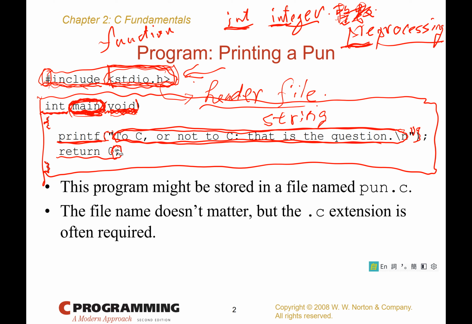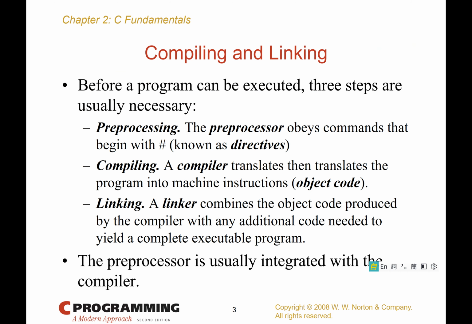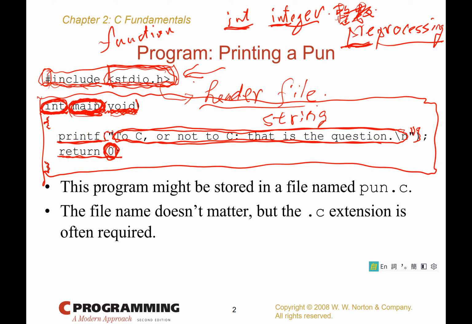Most functions should end with return something. Here, return 0. This 0 is of the data type before main. So 0 is data for integer, and here we return 0.